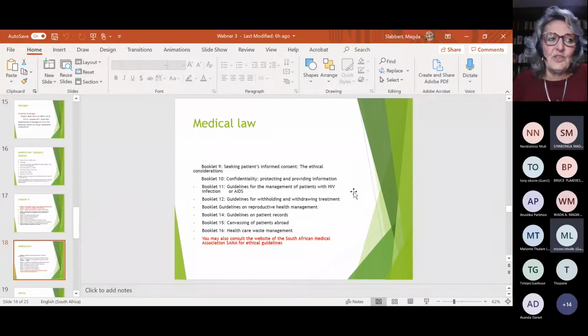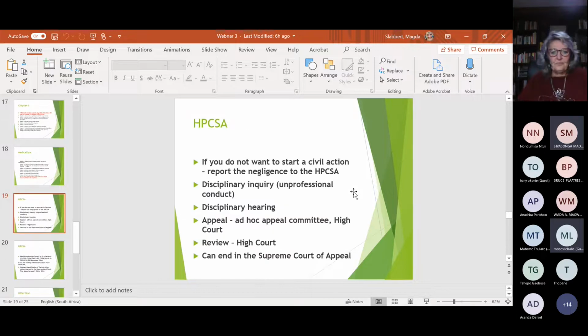And then you can measure the case scenario that your patient told you about against that to see whether there is a possible case or not. I've also added that you may consult the website of the South African Medical Association, SAMA, because they also have a lot of information to guide doctors on how to act, etc.